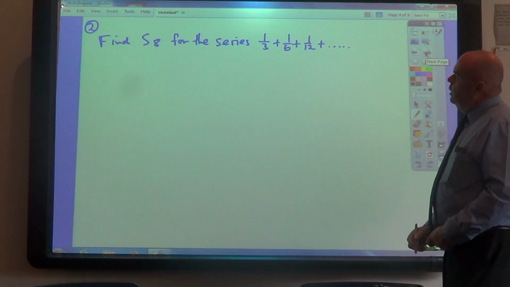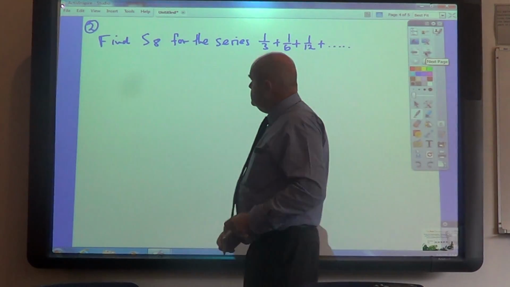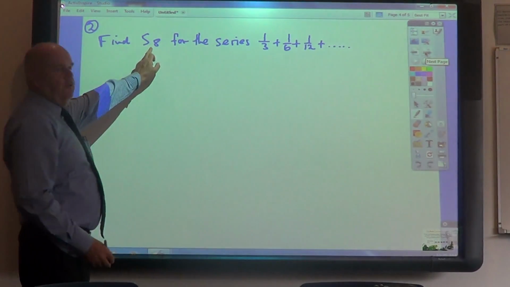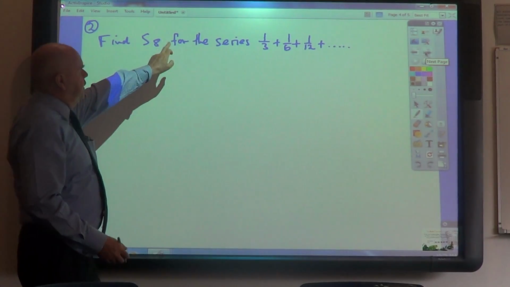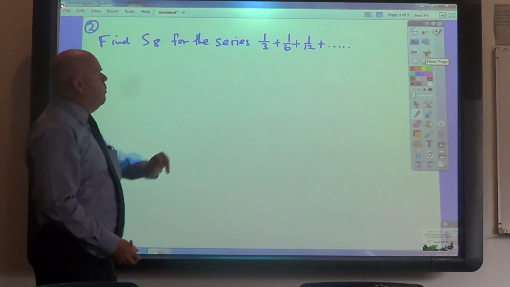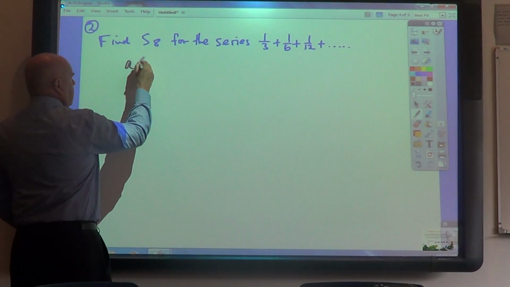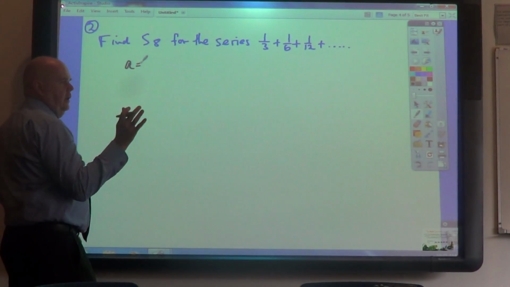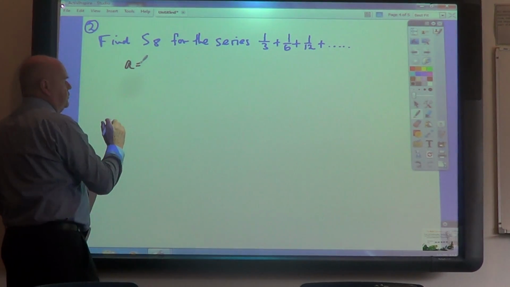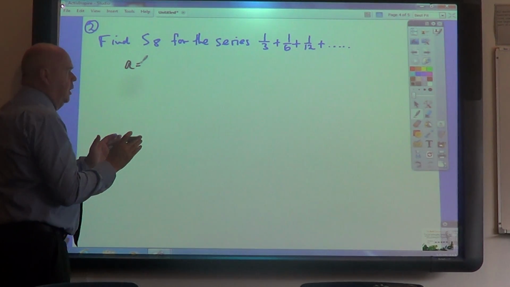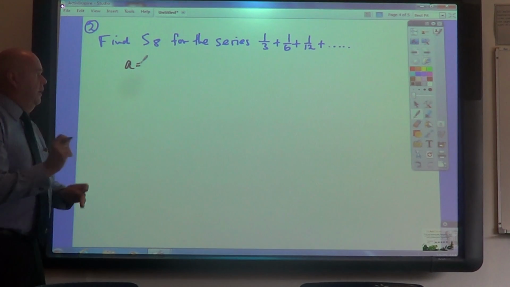Okay, to our second problem. Find the sum of the first 8 terms for this series. Alright, let's note down our values for a, r and n, and then it should be a case of selecting the right version of the formula and substituting into that formula.